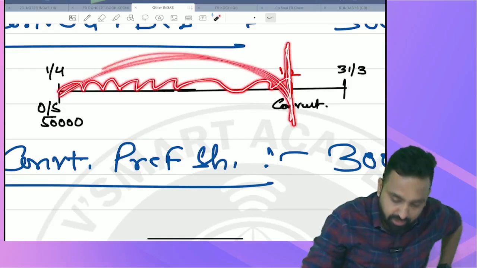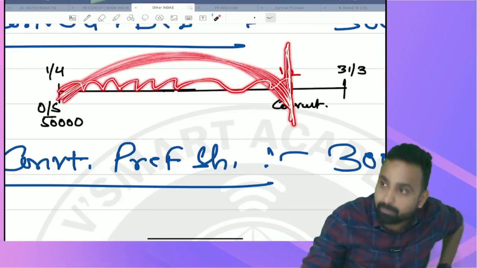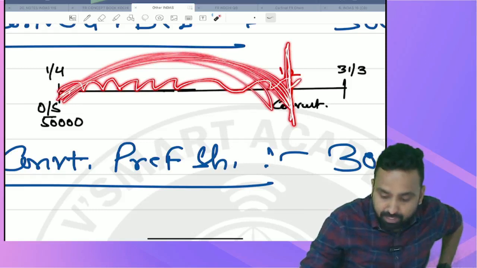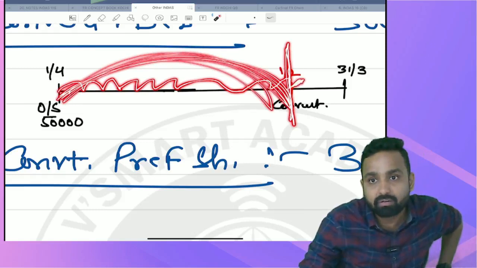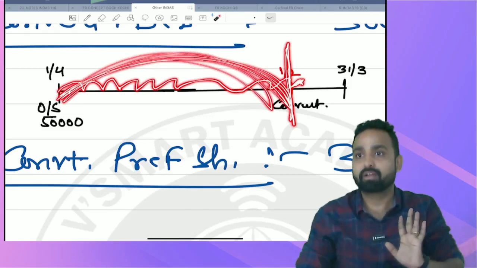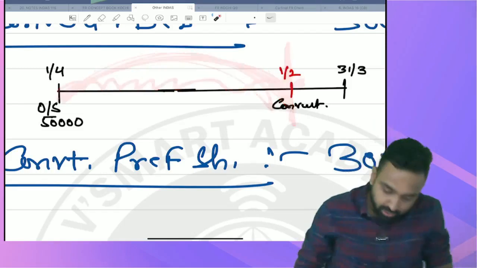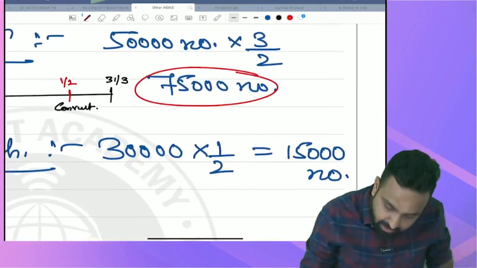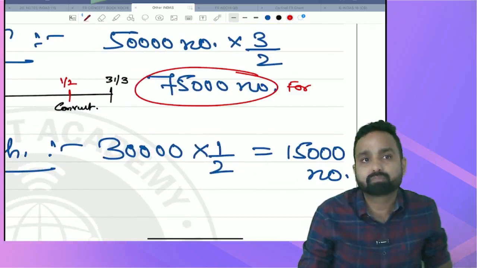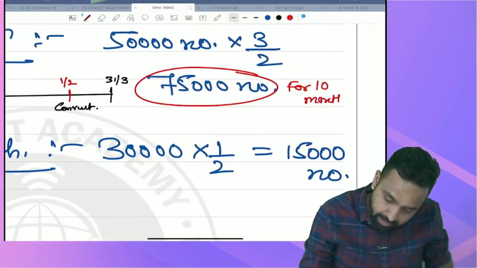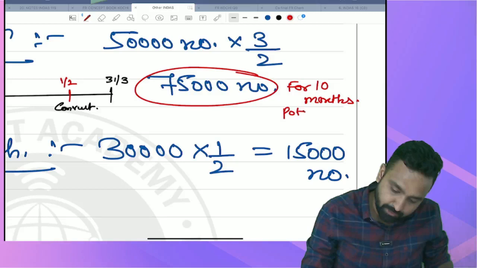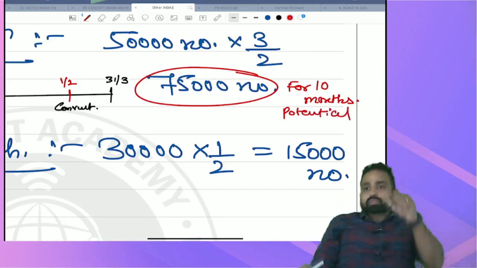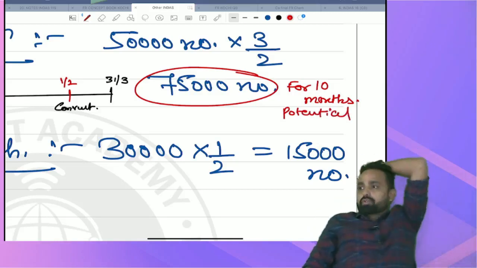They were potential from April till January; after 1st February they converted and no longer have potential. So they are potential for 10 months. Understood?